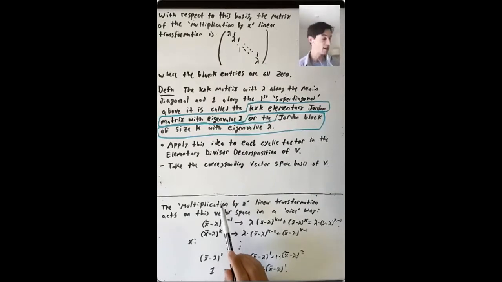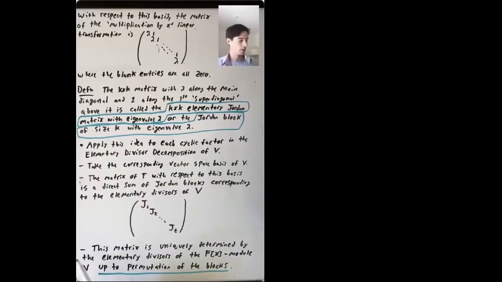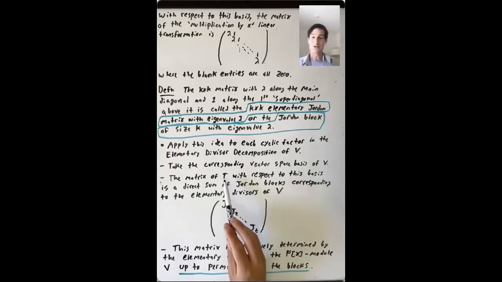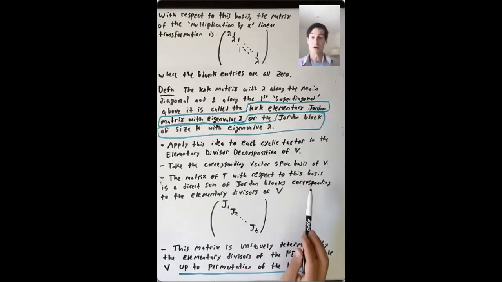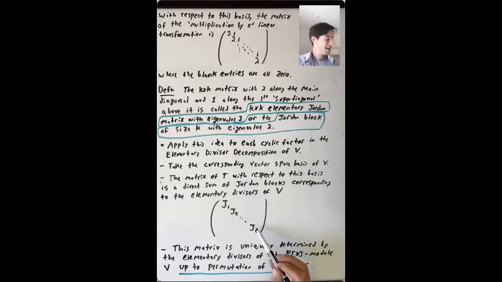So I'll pause and erase, and I'll write that all here. The matrix of the linear transformation T with respect to this basis of V is a direct sum of Jordan blocks corresponding to the elementary divisors of V. We get a first Jordan block, a second Jordan block, up to a t-th Jordan block if we have these t different elementary divisors.